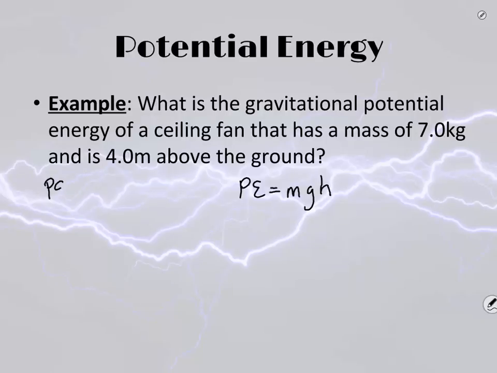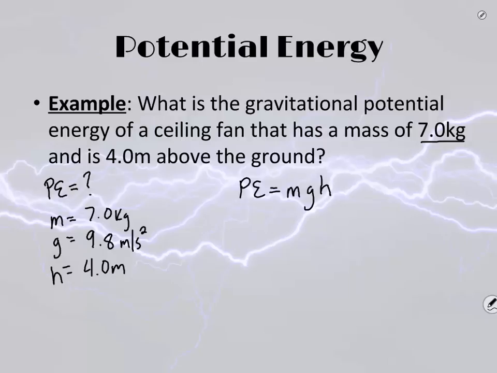Potential energy is what it asks for, so that's our unknown, and I'm going to put a question mark. Our mass should be measured in kilograms, so we have 7 kilograms. Gravity is the acceleration due to gravity on Earth, 9.8 meters per second squared. And our height is 4 meters above the ground.